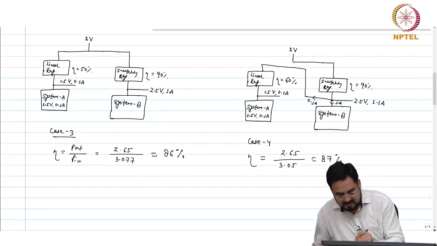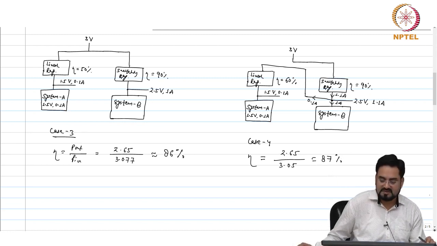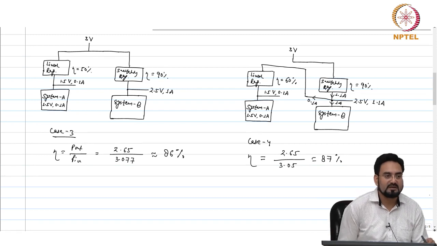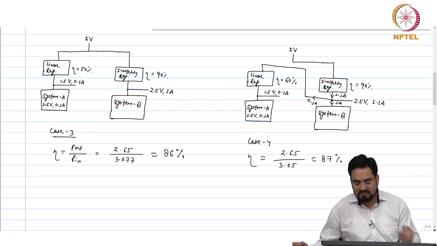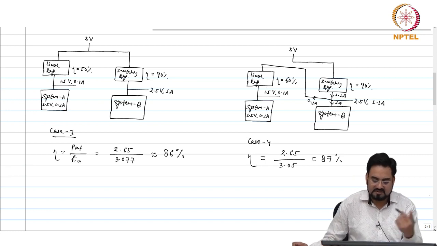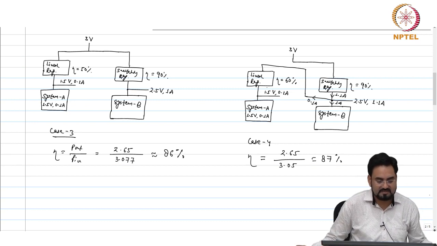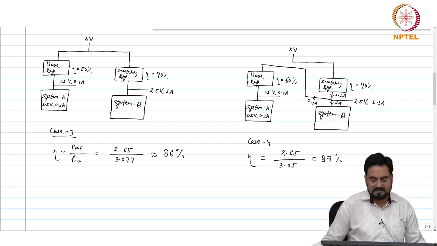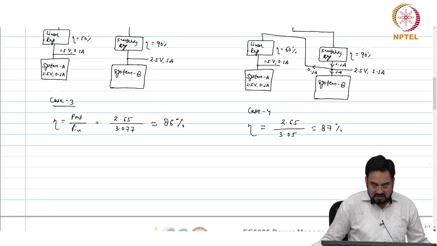So, when I say 1.1 amp, this is coming from the output of your regulator. Okay. So, 1 amp goes here in system B and 0.1 amp goes in the linear regulator, which is generating the supply for system A. Okay.